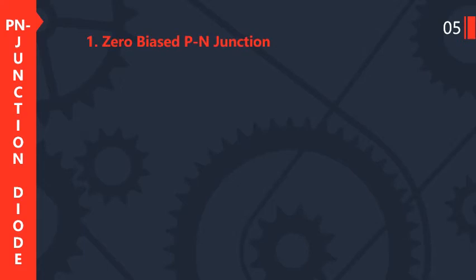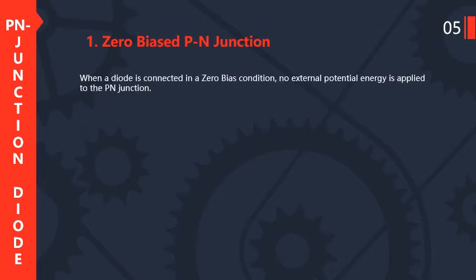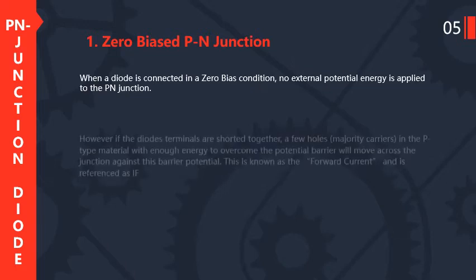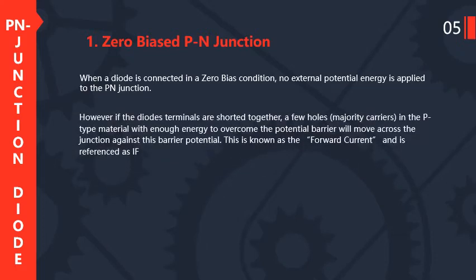So we will move to the detail for zero biased PN junction diode. When a diode is connected in a zero bias condition, no external potential energy is applied to the PN junction. However, if the diode terminals are shorted together, a few holes, majority carriers in the p-type material with enough energy to overcome the potential barrier, will move across the junction against this barrier potential.